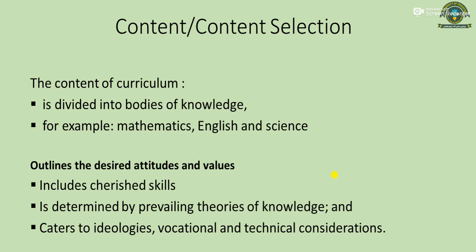For example, we belong to a Muslim society, so the content should be based on Muslim values. And then it is based on the learning theories of knowledge. Then it should cater to the ideology, vocational point of view, and technical consideration. It means that it should equip the students with sufficient knowledge and skills that they can enter any profession they want to enter.